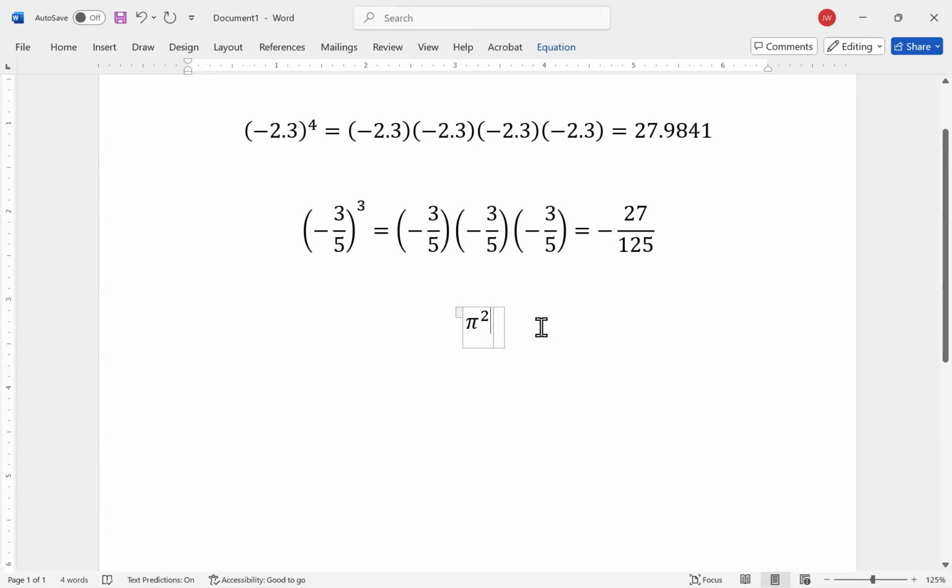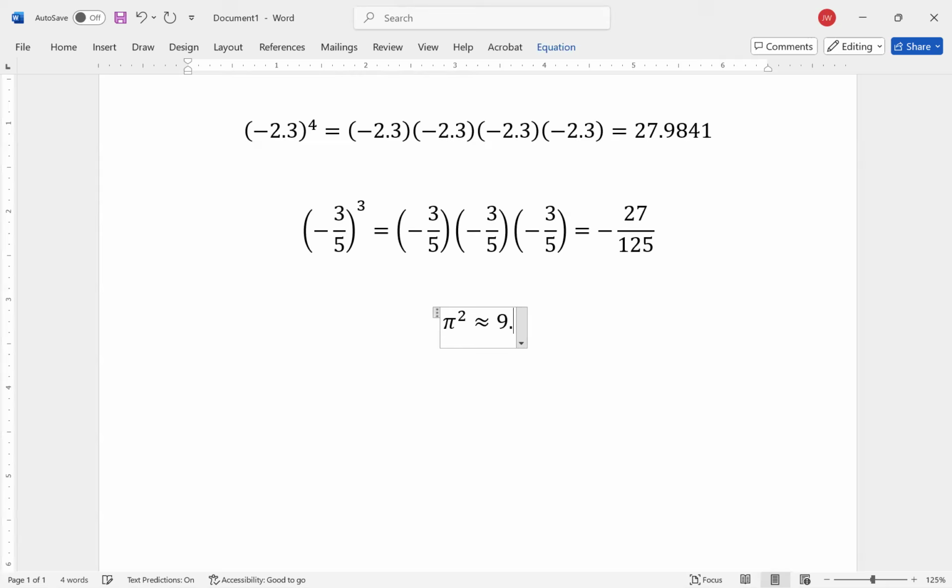Now, if I take pi squared, well, those are things that I can type into my calculator. Pi obviously is an irrational number. So if I want the exact answer, I just have to keep it as pi squared. But if I'm willing to do an approximate answer, then I can just type in pi times pi, or pi quantity squared, on my calculator.